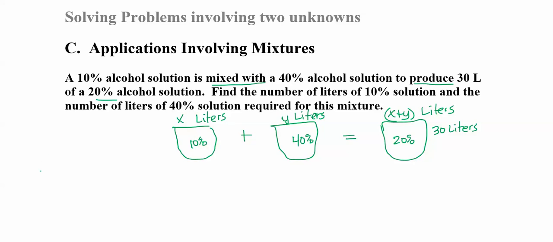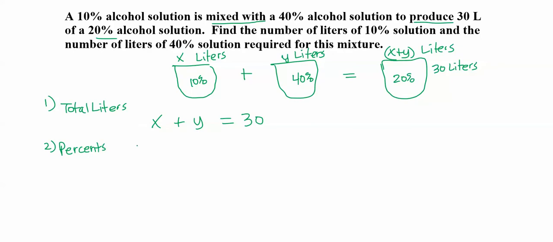Since we have two variables, we're going to have two equations. My first equation is going to be my total liters equation, just like I did with the money that I was investing. It's x plus y, so x liters plus y liters equals 30 liters total. My second equation is going to be the one with the percents, just like I had with the money questions.